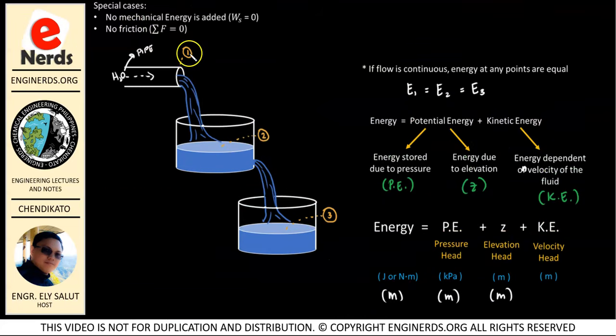So looking at this example no sa ating illustration, equal ba lahat ng ating elevation head? No, because since this is based from distance, if our datum line, let's say, is on this point, okay, so let's say this is our datum point. So that means our energy due to elevation is higher in point 2 and it is higher in point 1.